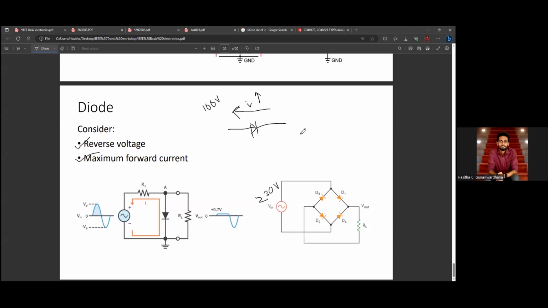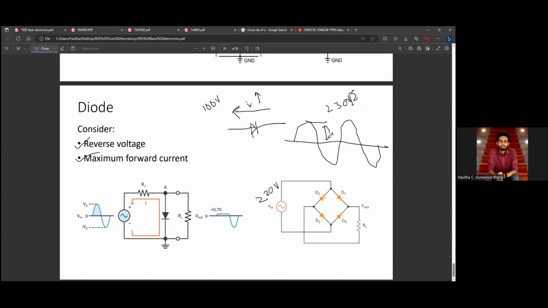You know about the main supply voltage. It will be like a sine wave. The RMS value is 230 volts. The peak value is 230 by root 2.